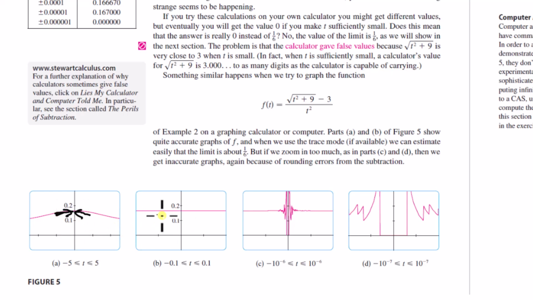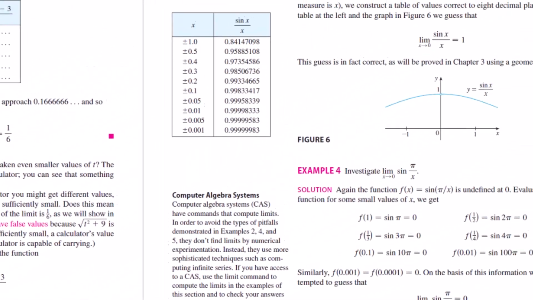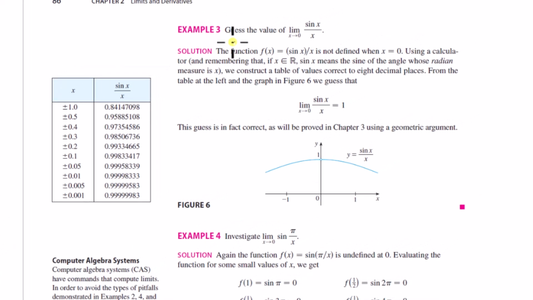Okay, but as we zoom in closer and closer and closer, we can't even see the curvature anymore, but we keep zooming in. Now we get some sort of erratic behavior, but this has nothing to do with the actual function. The calculator can't resolve this, okay? So now this next example says, guess the value of the limit as x approaches 0 of sine of x over x.